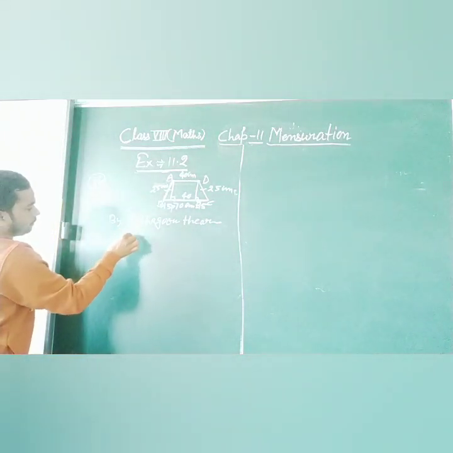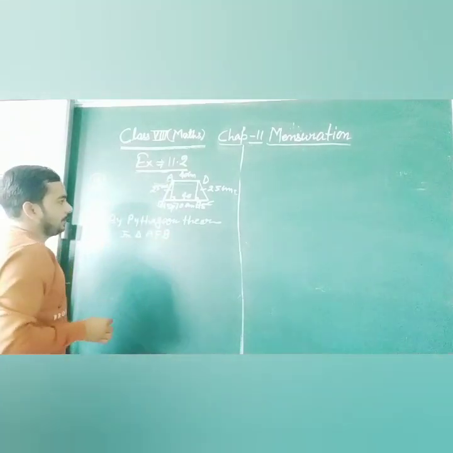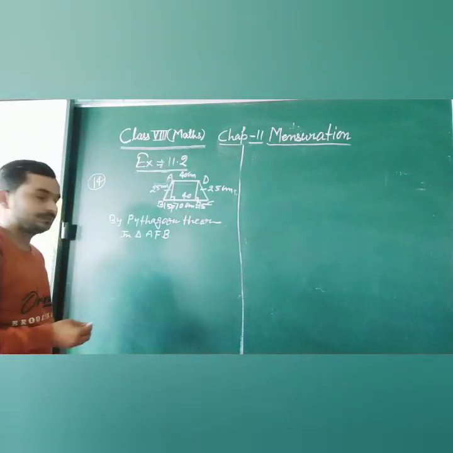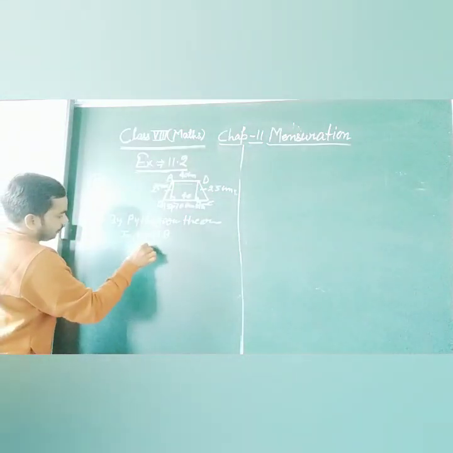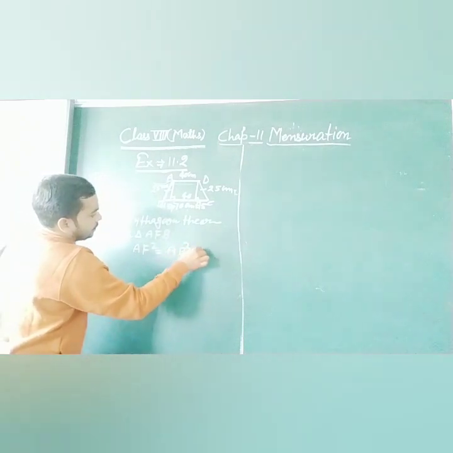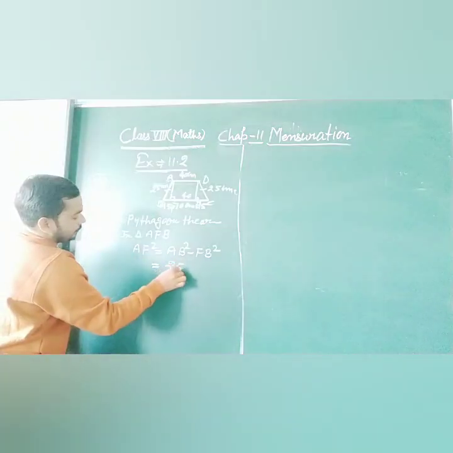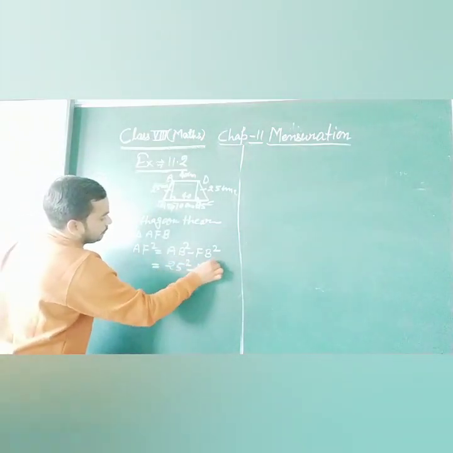By Pythagoras theorem in triangle AFB, find out AF. So AF square equals AB square minus FB square. AB is given as 25, so 25 square minus 15 square.